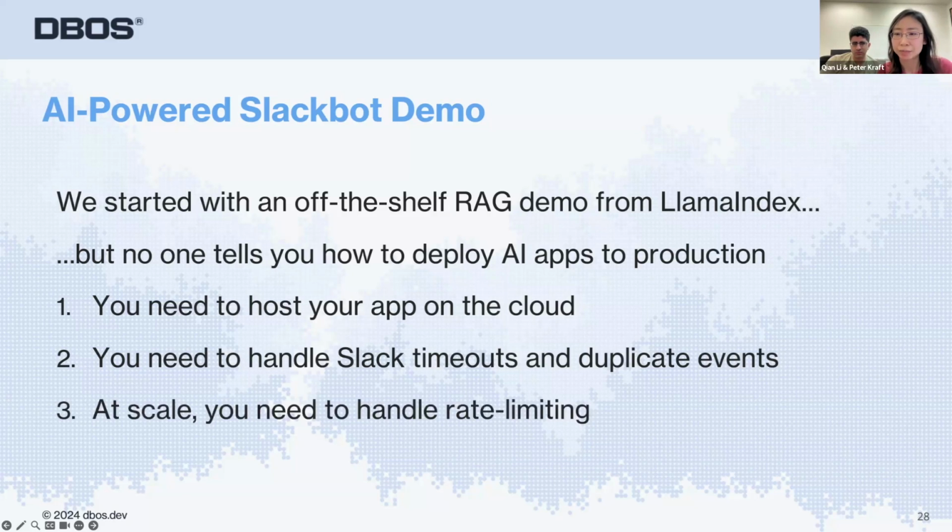And finally, we've constantly heard developers complain about the rate limiting from those AI platforms. So for example, if I use a more expensive model on OpenAI, I may get rate limited to a few hundred requests per minute.